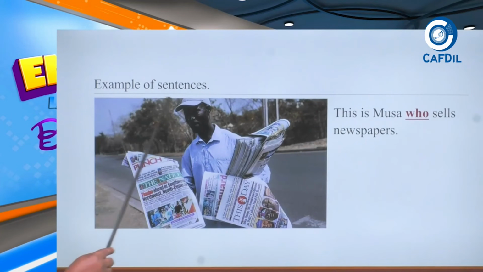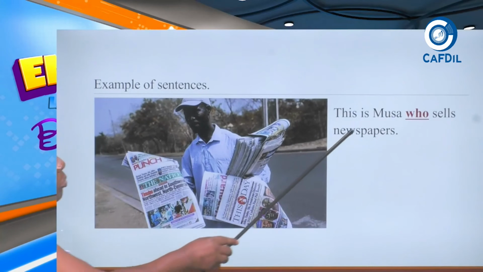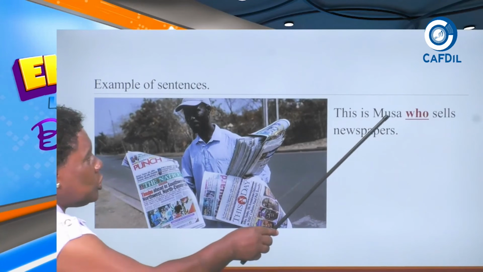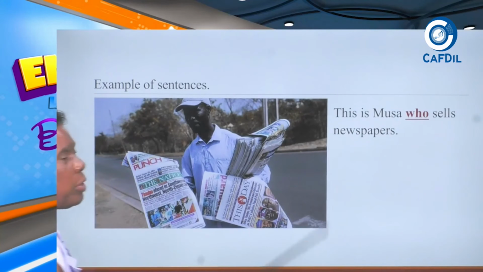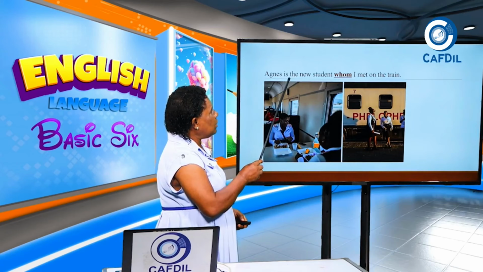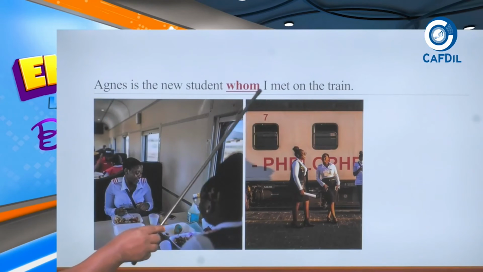Now we see examples of sentences. We see Musa who sells newspapers. These are the papers he has and he sells them. So this is Musa who sells newspapers. Agnes is the new student whom I met on the train.